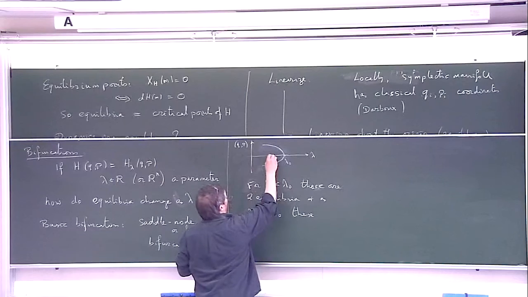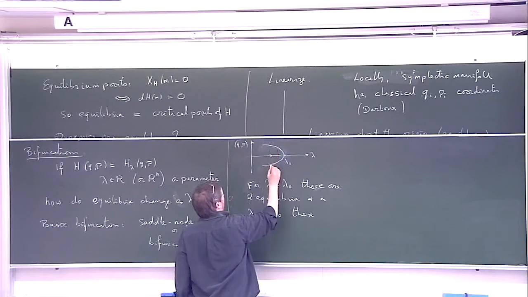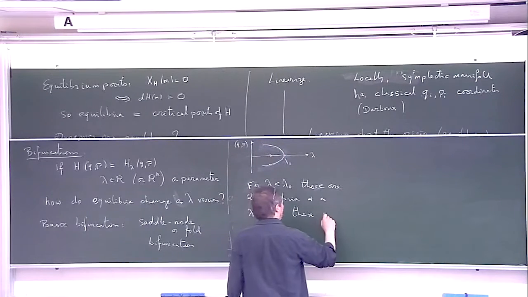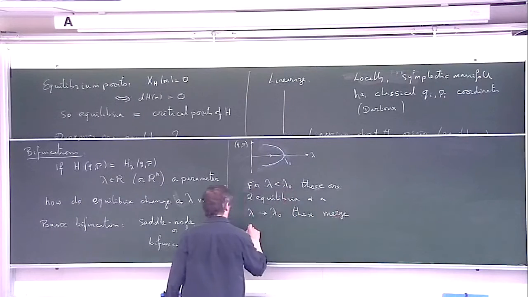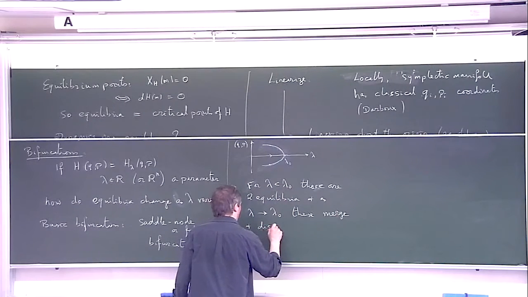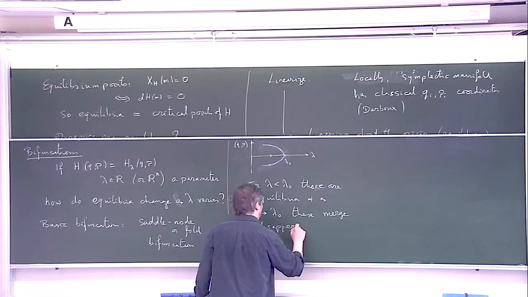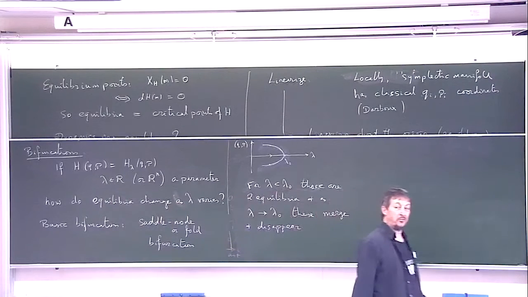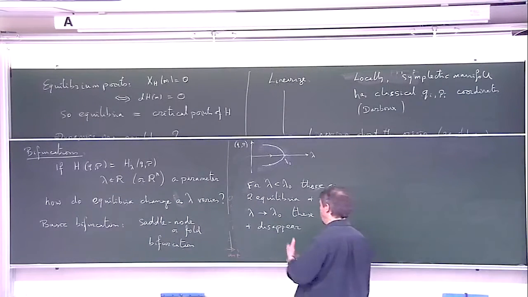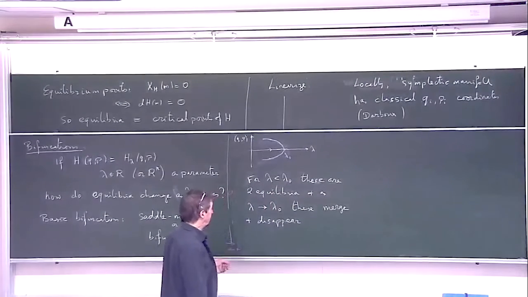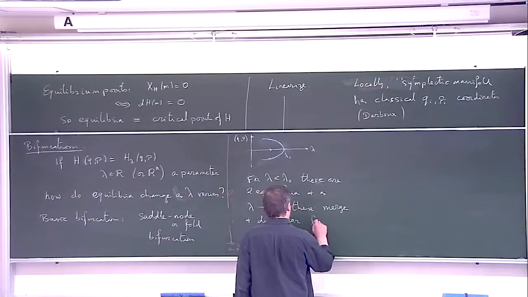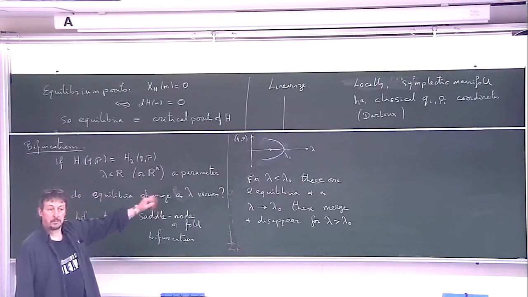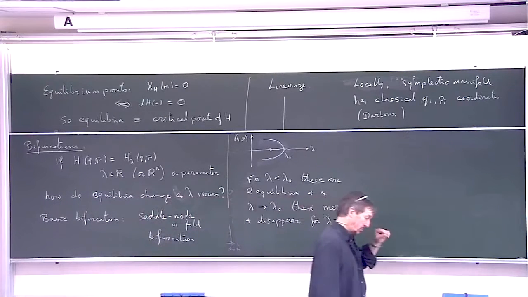So if we take a value of lambda less than lambda 0, we have two equilibrium points. And as we move towards lambda 0, these two come together. They merge and they disappear like roots of a quadratic polynomial. Real roots of a quadratic polynomial become complex as you change the coefficients of the polynomial. So that's the basic picture of what's happening just for the family of equilibria.